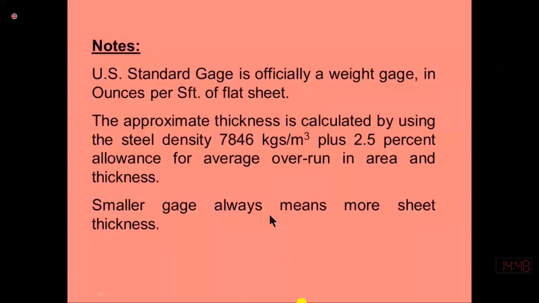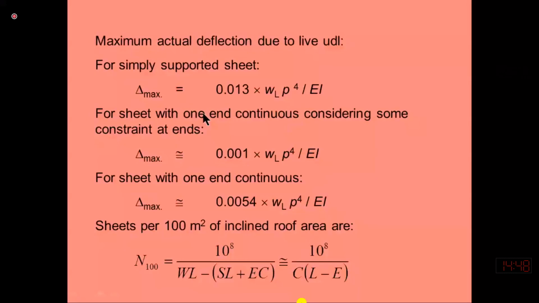Next, the maximum actual deflection due to live or UDL load. Whenever we compute the deflection in a structural member, as we also see in our theory classes, deflection is always computed due to live load only. We do not compute the actual deflection due to total load. Why?